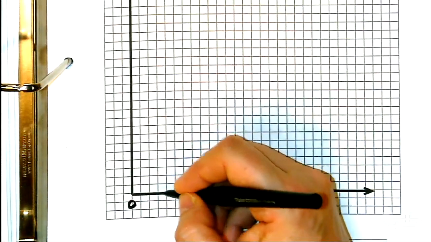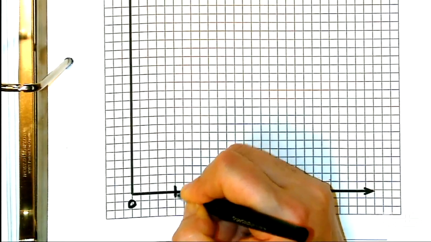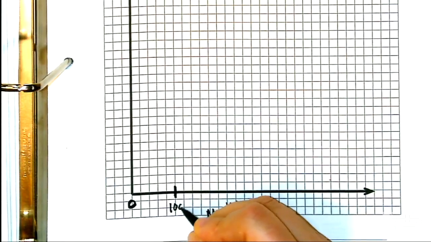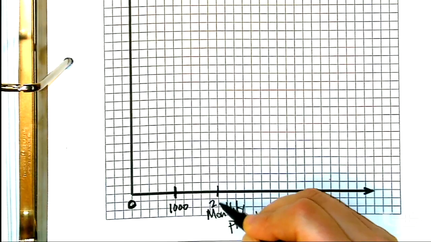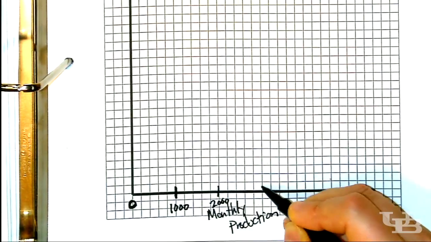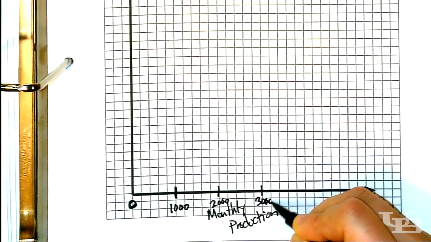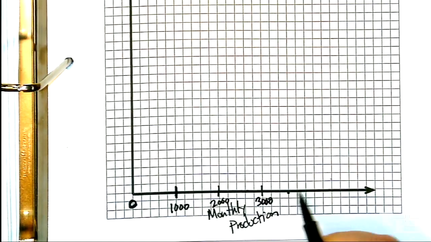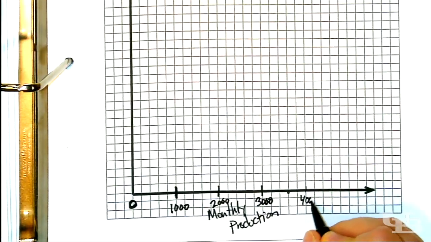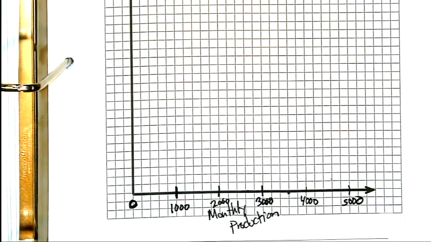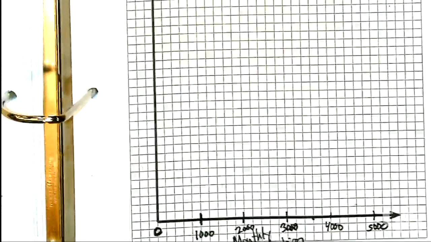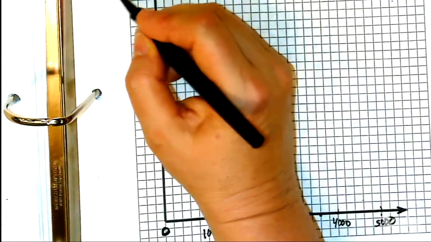In my notes, I counted every 5 grid squares and made it an increment of 1,000. Like here we are producing 1,000 a month, 5 more, here's 2,000. Here's that 3,000 that we were looking at on the page before. 4,000. They were really busy, even busier. That's good enough there. Now, this is what we're not certain about.